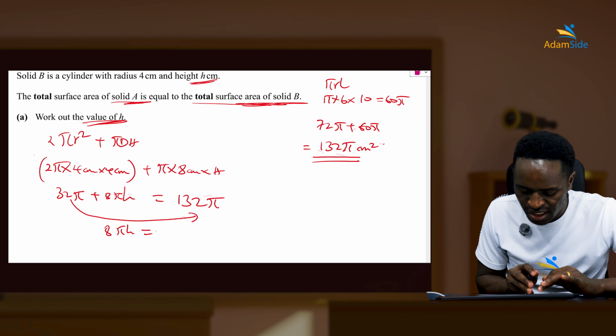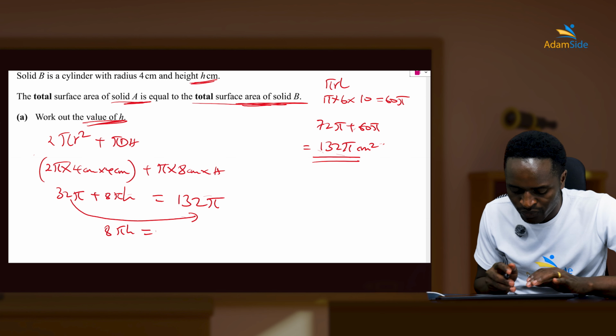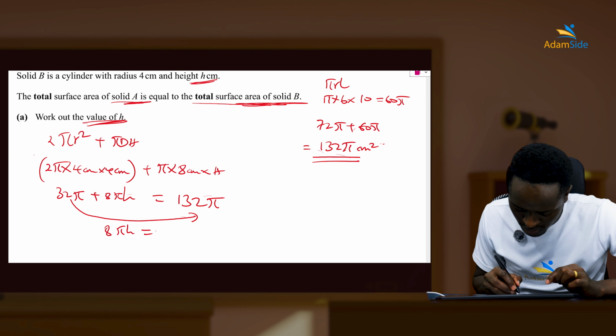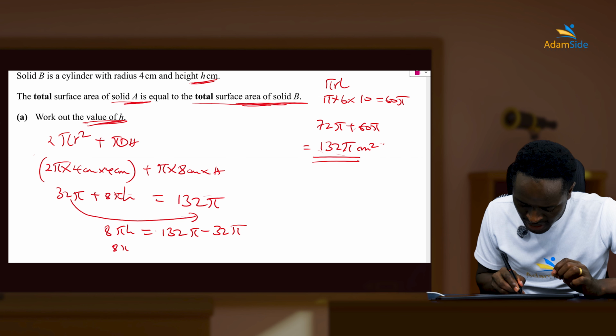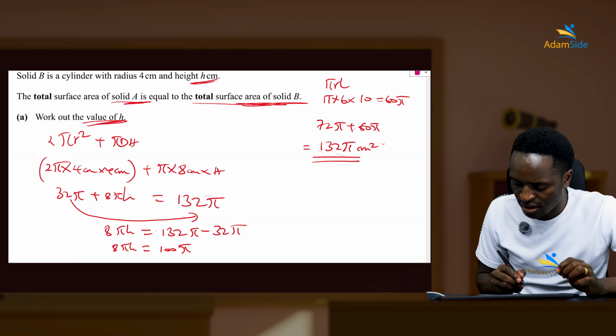You equate the area of the cylinder to the area of the cone. So 8 pi height is equal to 132 pi minus 32 pi. And then you get 8 pi height is equal to 100 pi.